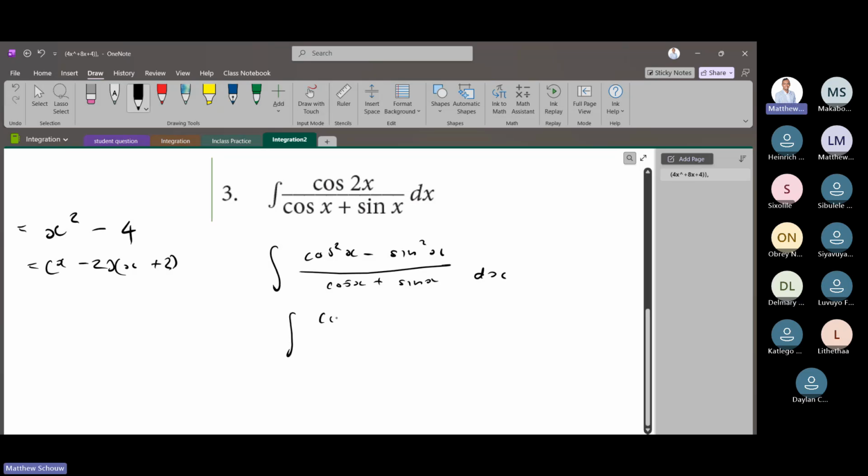So we do exactly the same thing over here. On top we have cos x minus sine x, because you have a difference between two squares, and cos x plus sine x. And we just simply divide this out.